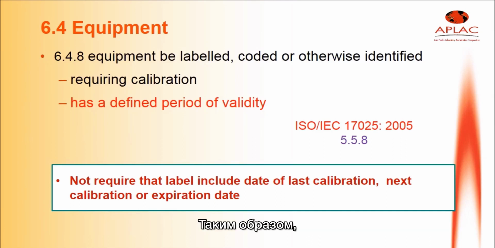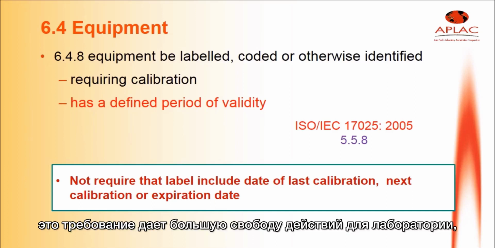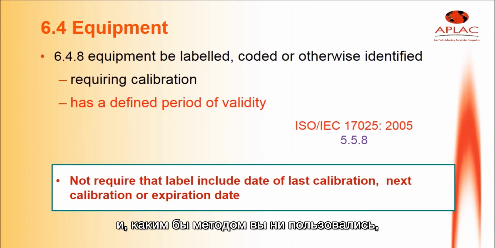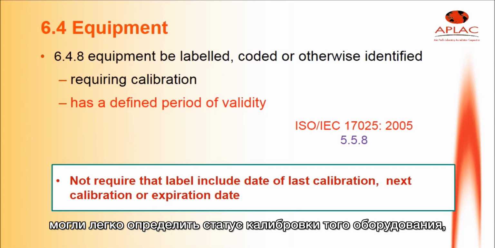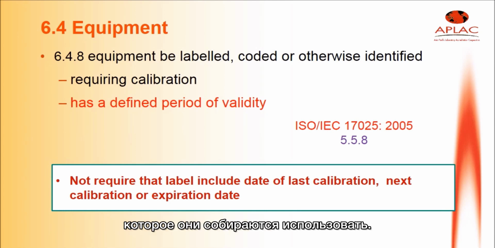So this requirement gives a lot of flexibility to the laboratory. And whatever way you adopt, I think the purpose is the same, to ensure the users can easily identify the status of calibration for the equipment they are going to use.